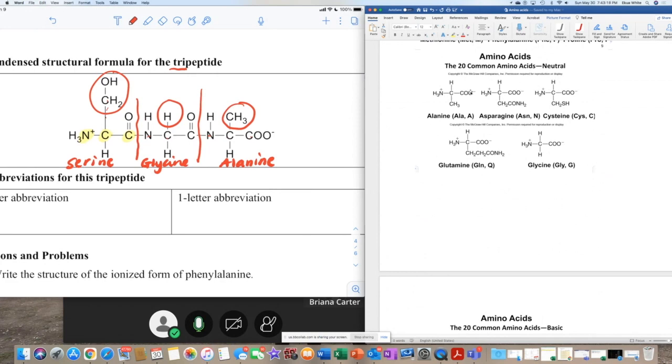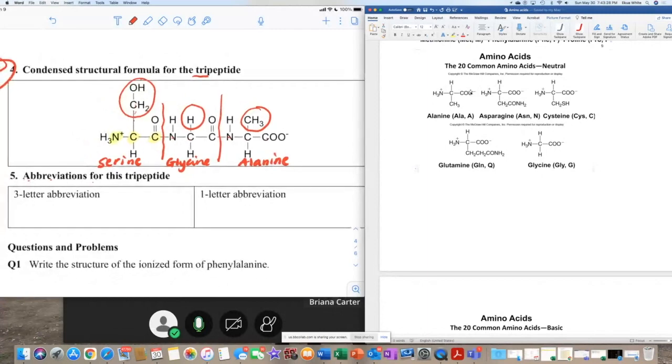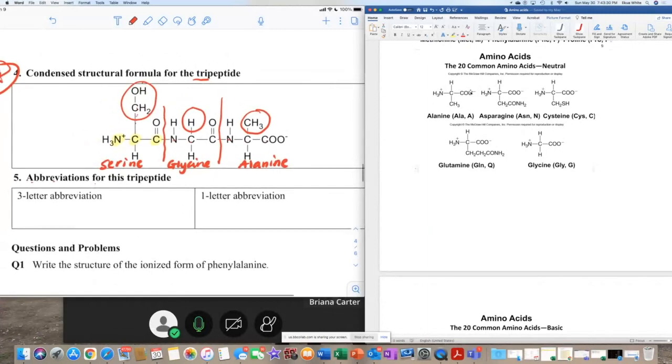Okay, so they want the abbreviations for this tripeptide. I'm looking here trying to figure out condensed structural formula. You can condense these side groups, and that's about it. I mean, you could try to draw them in here, but I'm trying to see.